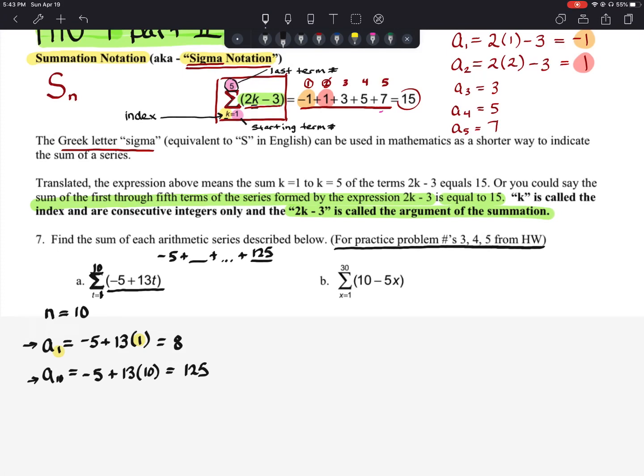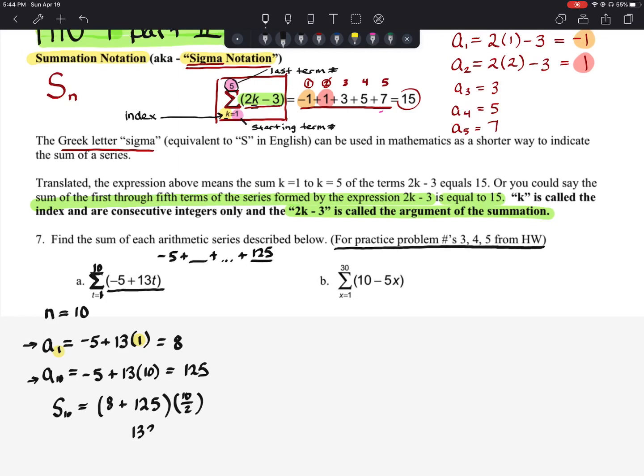So let's just find our sum then, right? We're going to say the sum of the first 10 terms is going to equal, we'll say our first term is 8 plus 125, times half our number of terms, right? We have 10 terms divided by 2.